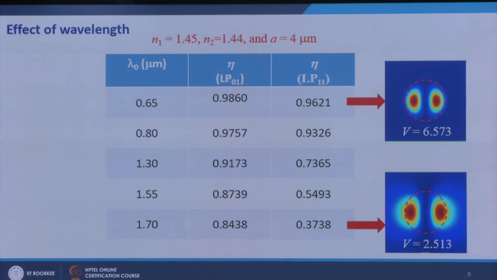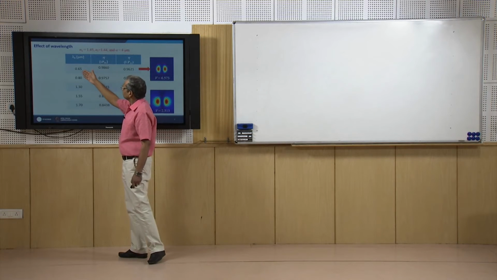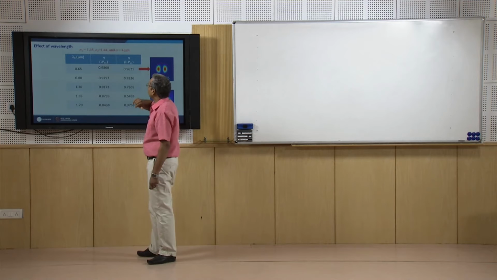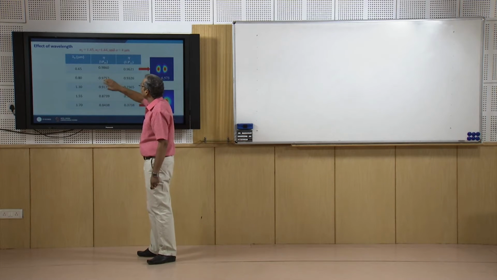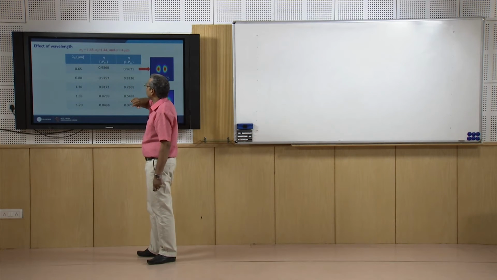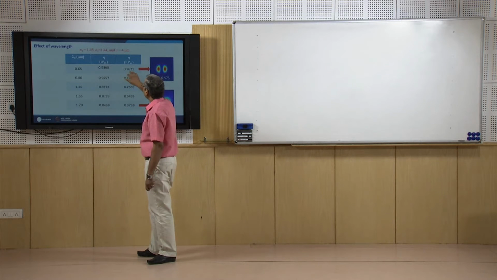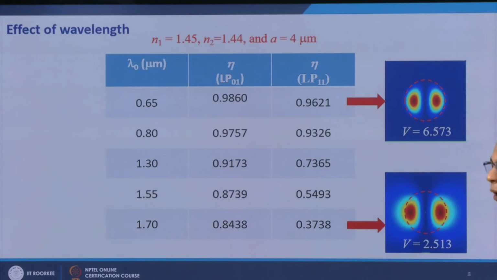So, I see that at 0.65 micrometer wavelength, more than 98% power for LP01 mode is located in the core, and 96% power is located in the core for LP11 mode.